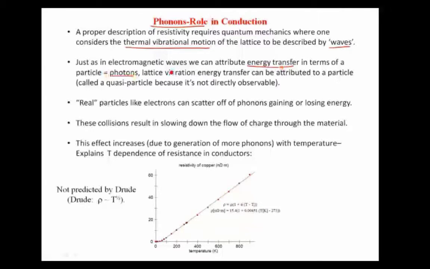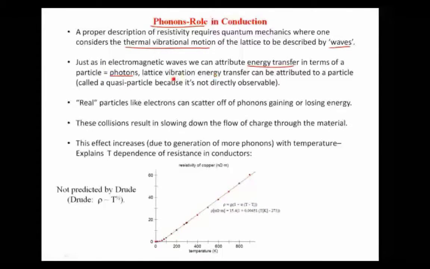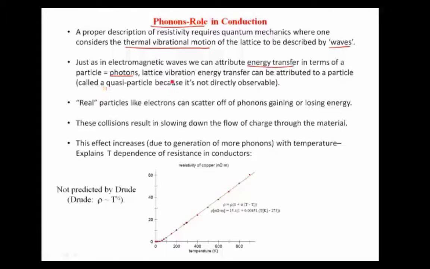Lattice vibration energy transfer is attributed to a quasi-particle called phonons. So that's where the overlap is, the names are similar. Real particles, like electrons for example, can scatter off phonons, thereby gaining or losing energy. These collisions result in slowing down the flow of charge through the material.